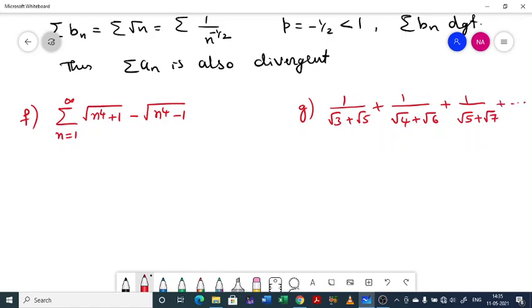Check the nature of this one. And H: summation n ranging from 1 to infinity square root of n power 4 plus 3 minus n square. Try to check the nature of this infinite series, and let us discuss.